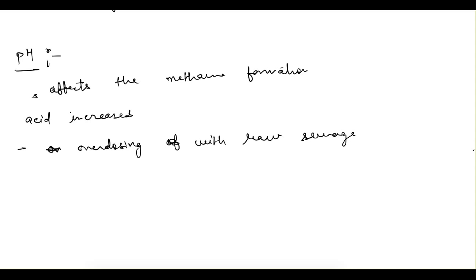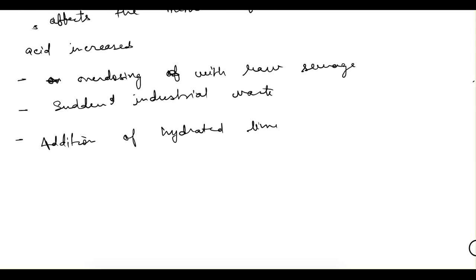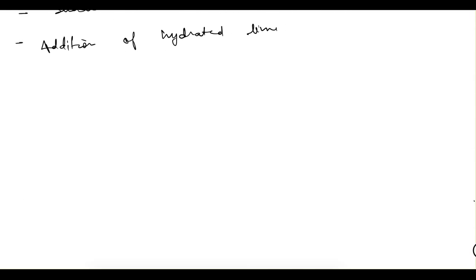Apart from that, if sudden industrial waste comes, then also the pH decreases suddenly. So how to treat this problem? For that, addition of hydrated lime is done. So these are the two important factors that affect sludge digestion.